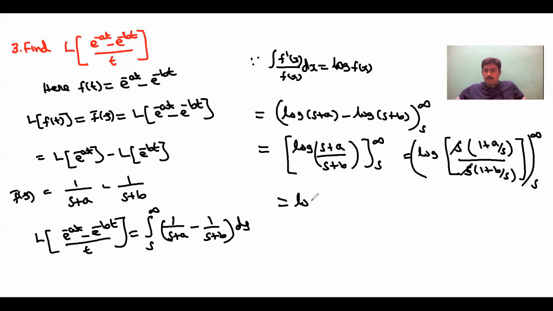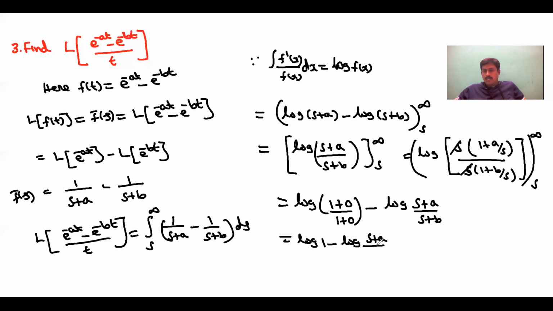If you apply the upper limit, you will get log of 1 plus a by infinity, which is 0, divided by 1 plus b by infinity, which is 0, minus log of s plus a divided by s plus b. We can rewrite this as log 1 minus log of s plus a divided by s plus b. Since log 1 is 0, we can write 0 minus log of s plus a divided by s plus b.